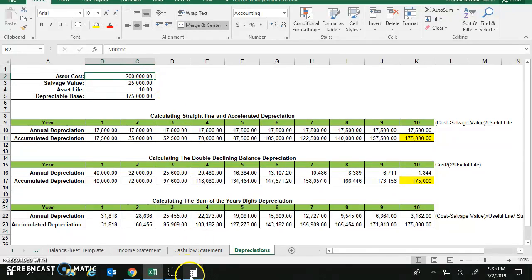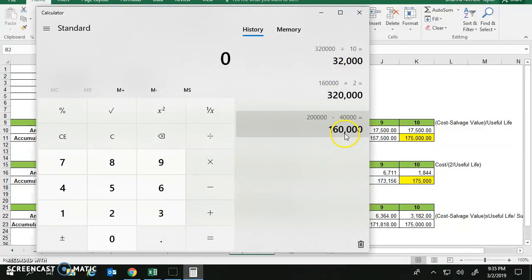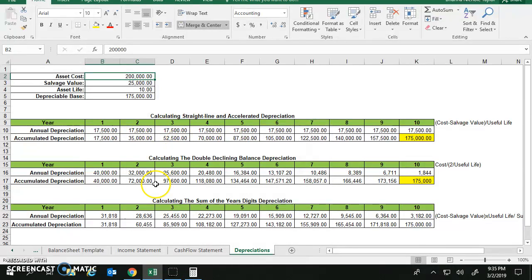Once you subtract that, that would be 160,000. Then you multiply that by 2, that's 320,000, and you divide it by 10. And that is how you get the next number. You add those two numbers together, and that is how you get your next accumulated depreciation. Remember, your annual depreciation should be decreasing, and your accumulated depreciation should be increasing.